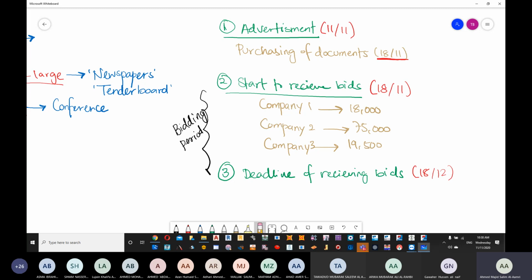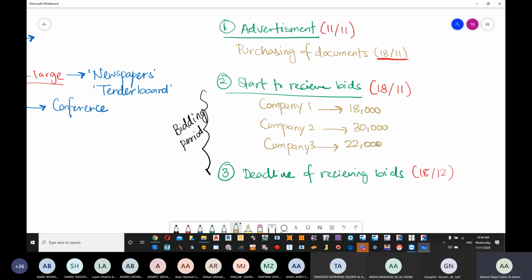Or let's keep them a little bit closer to highlight the idea. Let's say that this is 30,000, and this is, let's say, 22,000. So once again, we have received 3 offers.